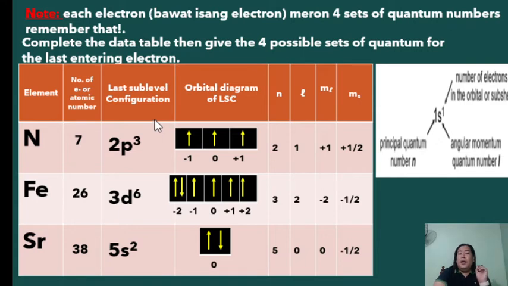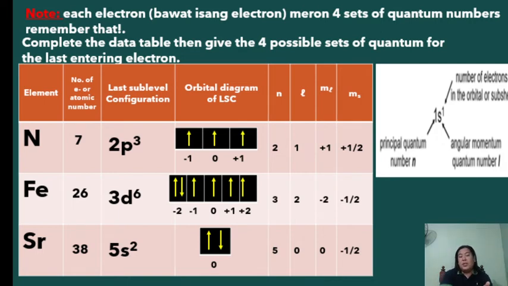Okay. Nilagay ko lang dito is last sub-level configuration, pero there are some activities, I don't know if dun sa module ninyo, you need to write the complete electron configuration. Pero since ang ikukunin nyo lang na quantum number is the last entering, nandoon yung last entering electron sa last sub-level configuration. So nasa dulo yan.